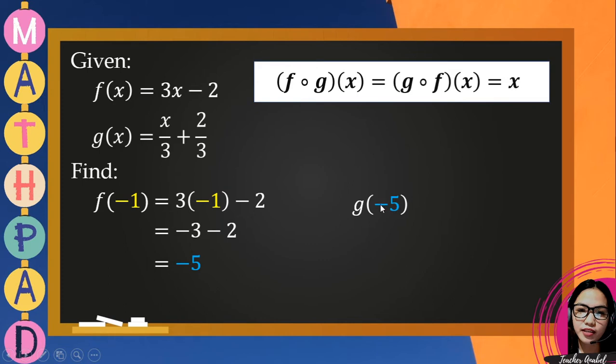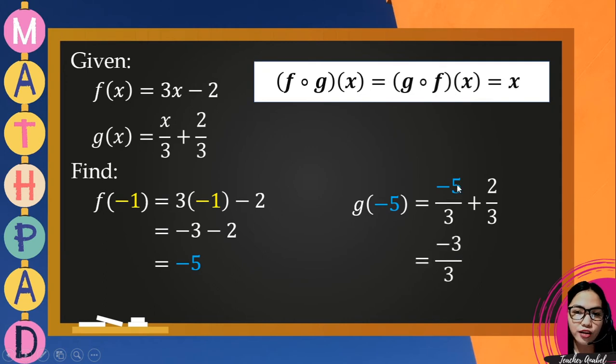So we plug in negative 5 into x here. So we have negative 5 over 3 plus 2/3. Again, same ang kanyang denominator, so we can actually add the numerators. So negative 5 plus 2, that is negative 3. Divided by 3, we have negative 1.